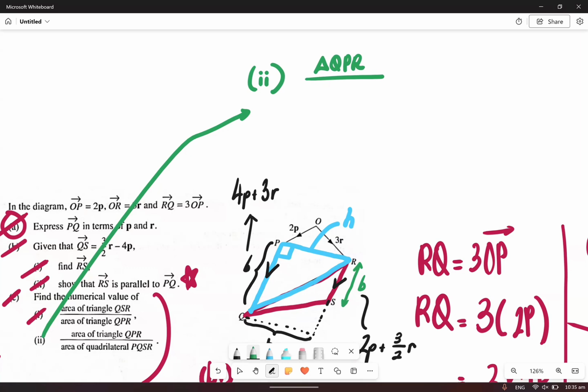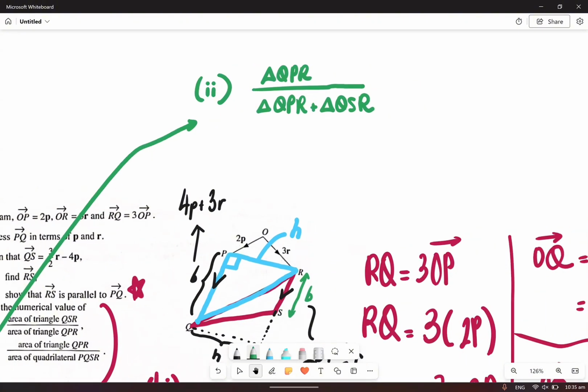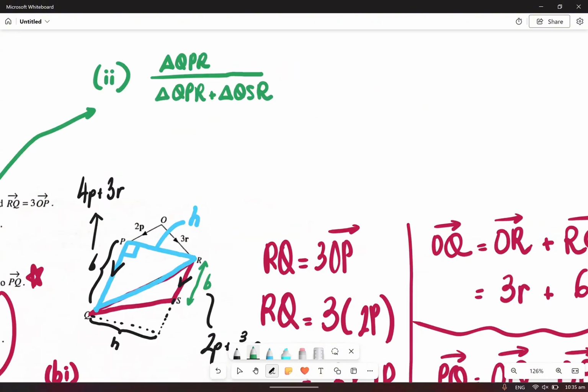Can you see that quadrilateral PQRS is made up of triangle QPR plus triangle QSR? The quadrilateral is split into two parts. First one is QPR, second one is QPR plus QSR. That is the quadrilateral.